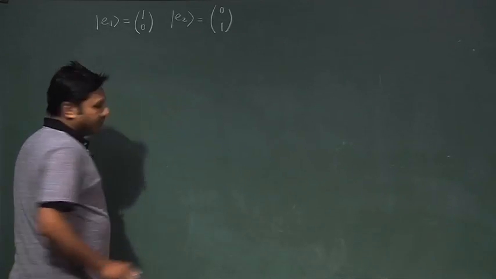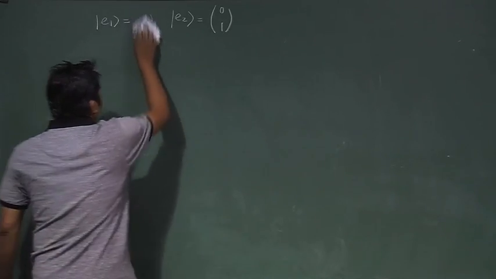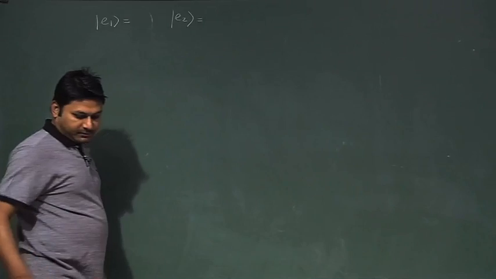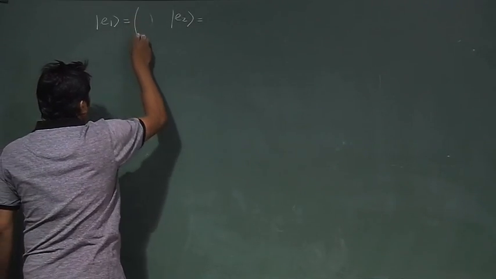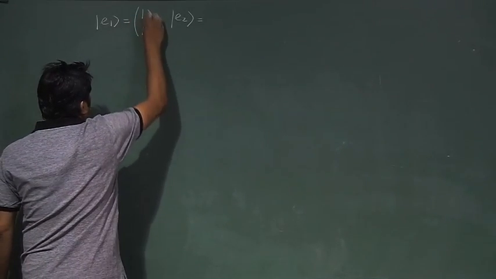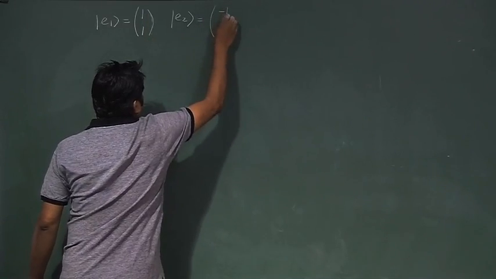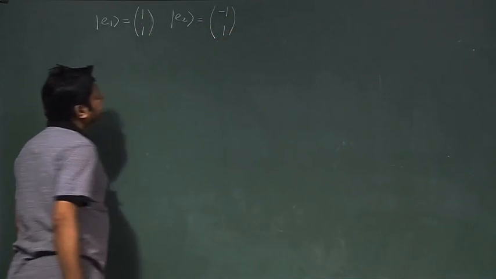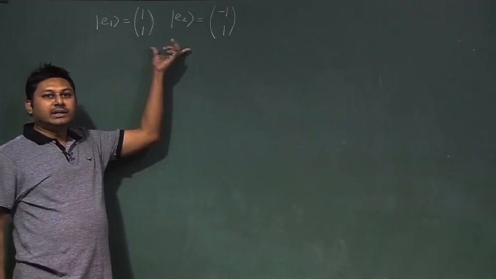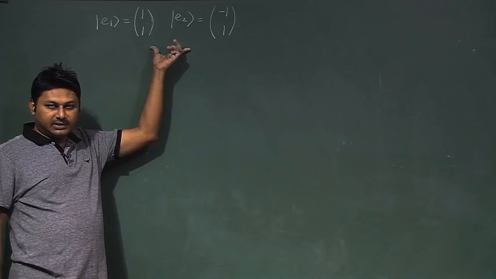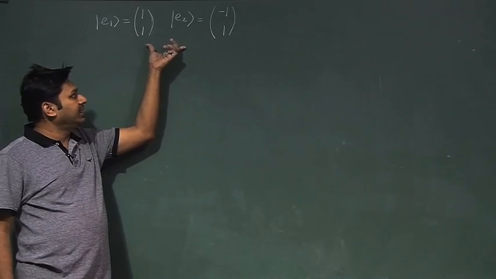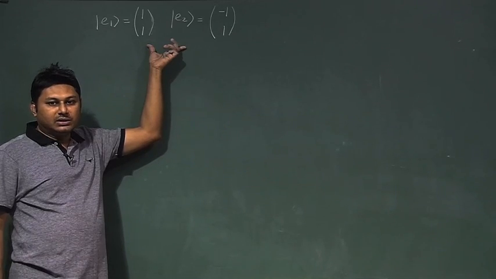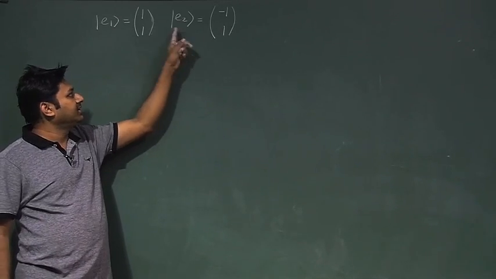So now I am going to change these to some other values, say 1 1 and minus 1 1. This is also a linearly independent set of vectors in R2. Now if they are linearly independent in R2, the question is, what is the relationship between E1 and E2?